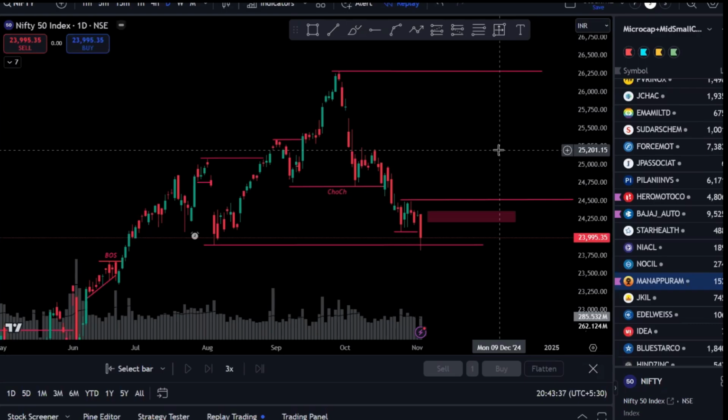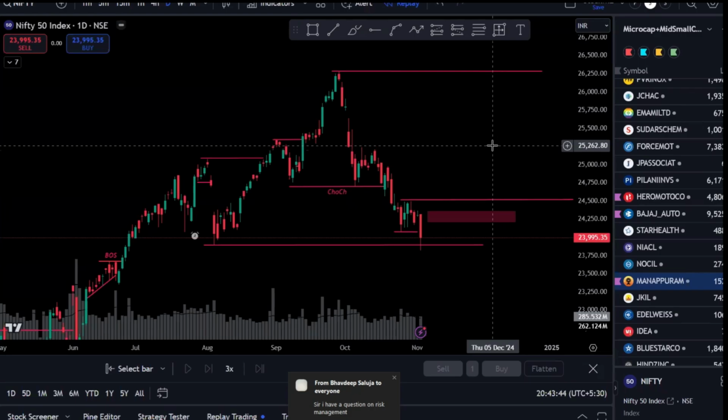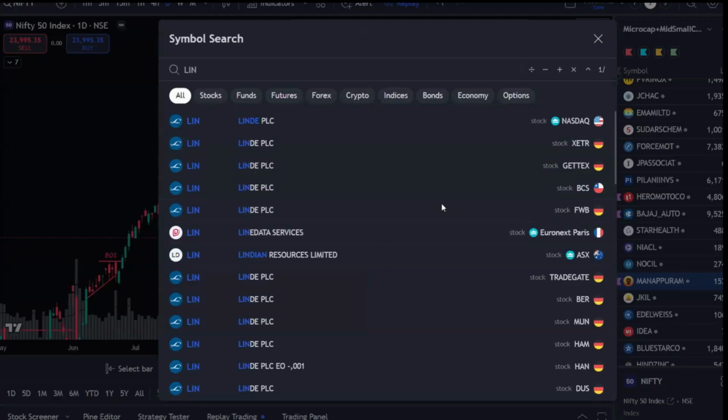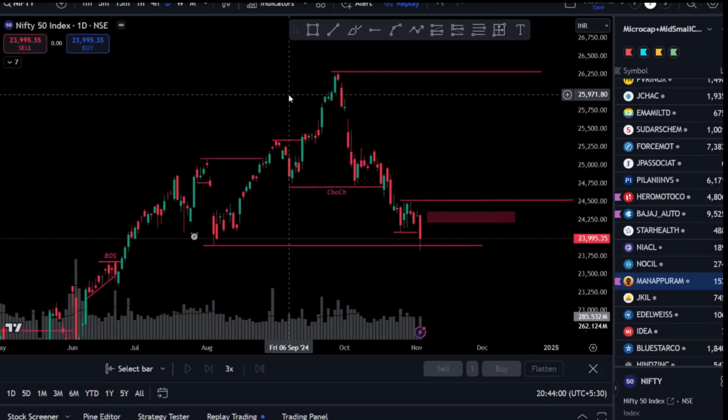No, I have a position in Link, and I drew the order block on it. Order blocks have not been covered in today's lecture, so trust me, no one is going to get it. If the order block is correct or not, tell me the name of the stock. Link, LINC, Link Pens.